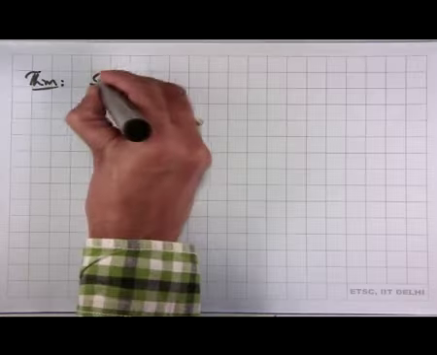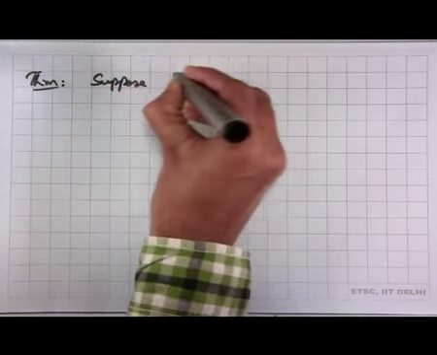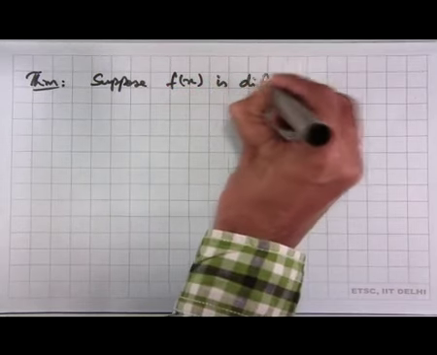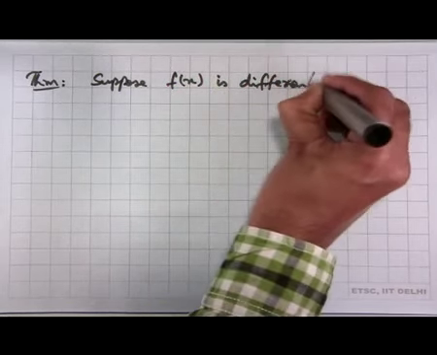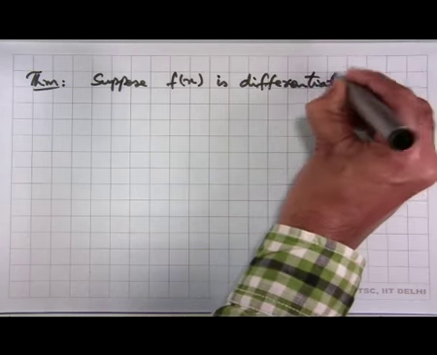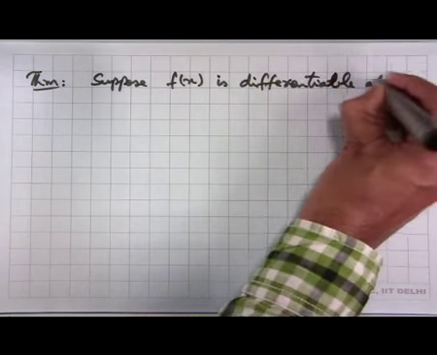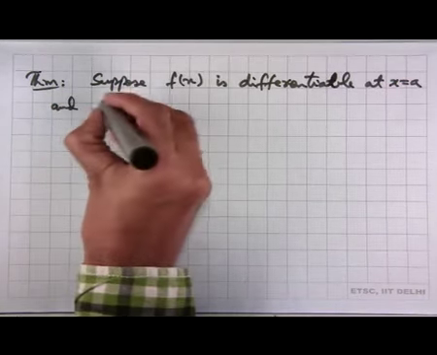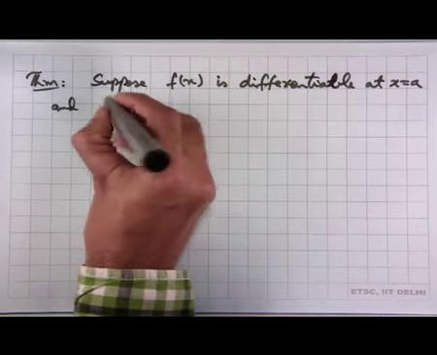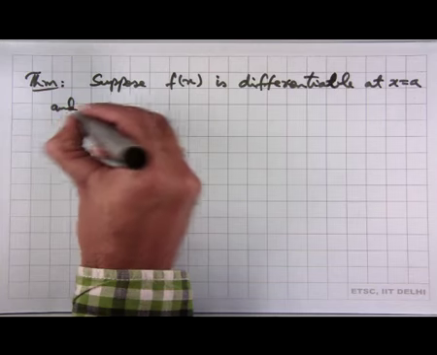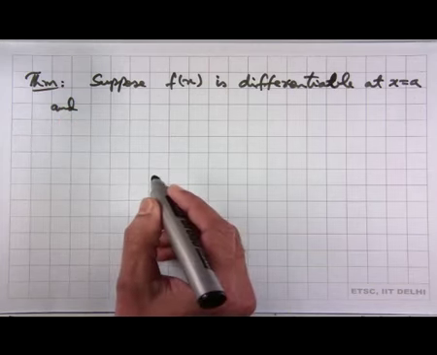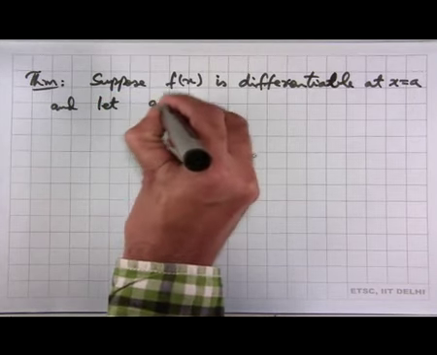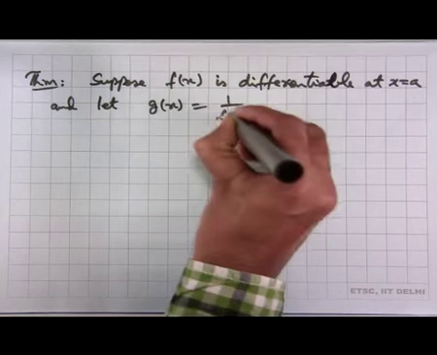So, let us try to calculate: suppose f of x is differentiable at x equal to a, and so then we ask what about g of x equal to 1 by f of x.